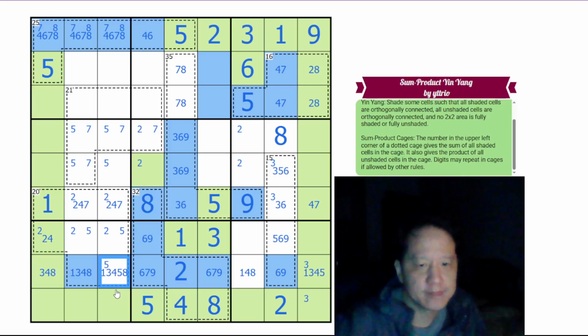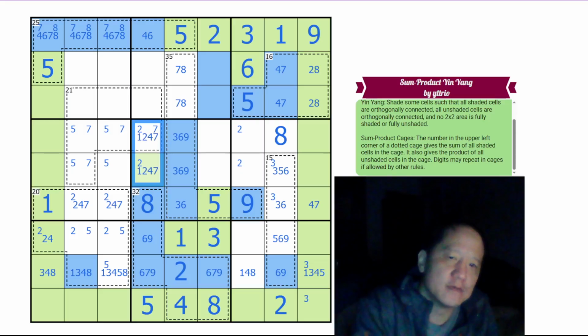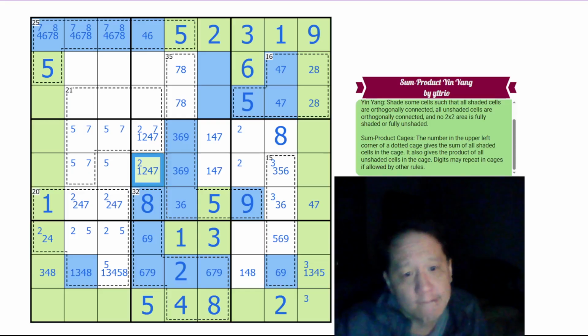Okay. What about remaining digits in box 5? We have 1, 2, 4, and 7. Okay, so this is 1, 4, 7 here. And this is 1, 2, 4, 7 here.